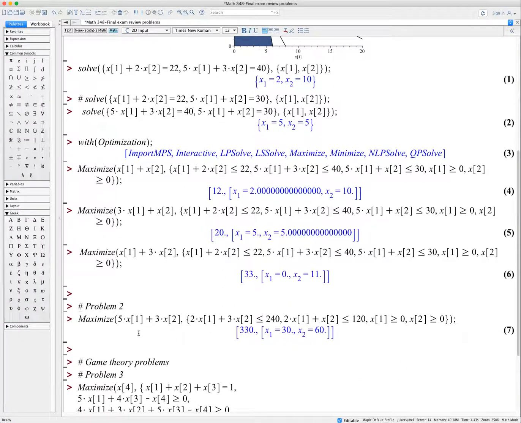So we want to maximize the function 5x1 plus 4x2. I'm sorry, that was a mistake; I should have put a 4 there. Subject to the constraints 2x1 plus 3x2 less than or equal to 240, and 2x1 plus x2 less than or equal to 120.